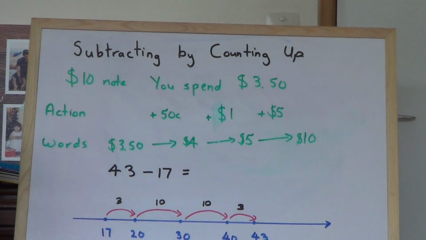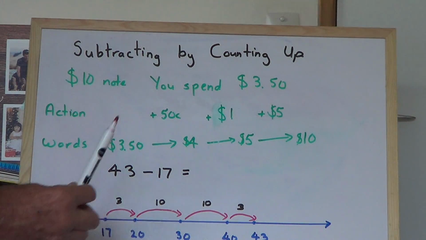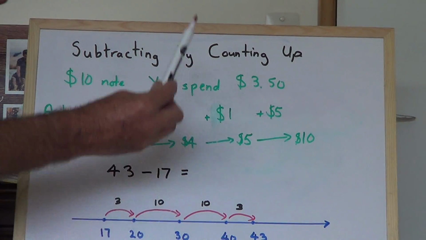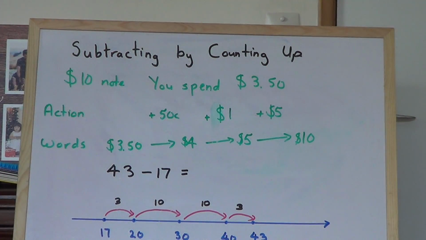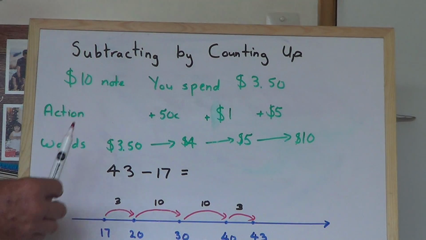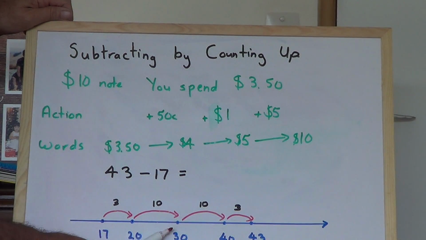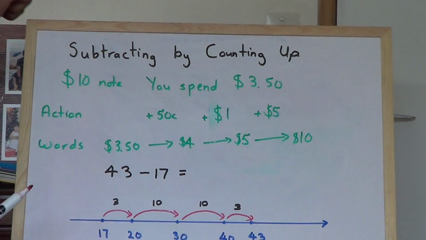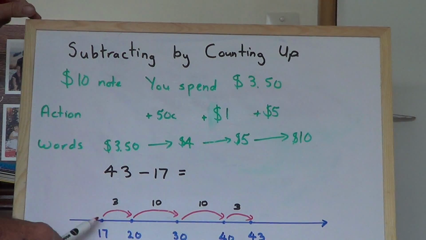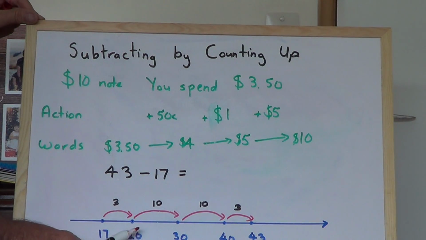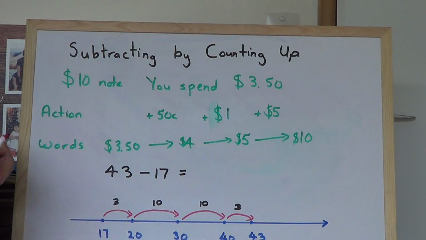We're going to do the same thing with this question here. It's 43 take away 17. So we start at 17 and count up. So here's the number line. So what we do is we go 17, 20, 30, 40, 43. Those are jump points. So we go from 17 to 20, and that's going to be 3. And you just count it up.